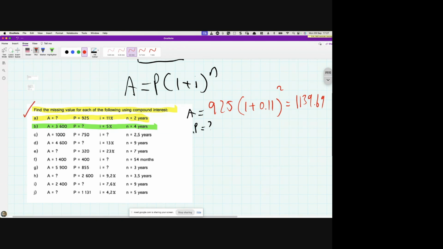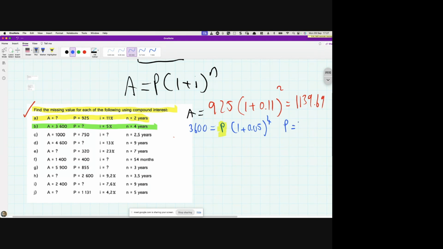Let's work out what P is. Can we work out what P is? Now I have to make sure I put things in the right place, otherwise bad things can happen. Now I need to find a way to get this P value by itself, but I'll give you some time to work that out.